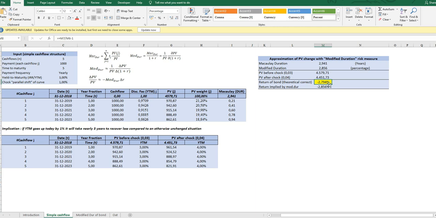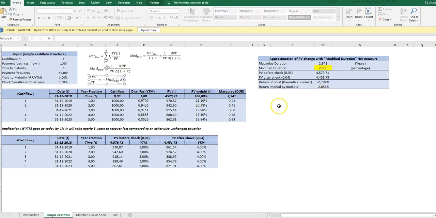That cannot be discussed. But it turns out that modified duration approximates this correct change quite good, as we see here, minus 2.856. So we simply use this formula, minus the modified duration times 0.01.